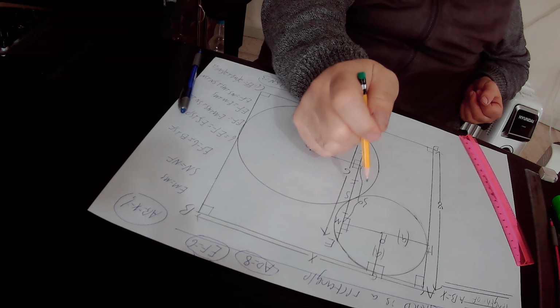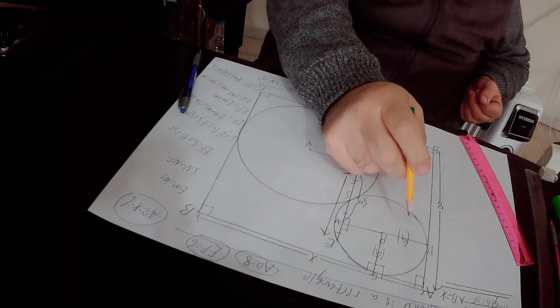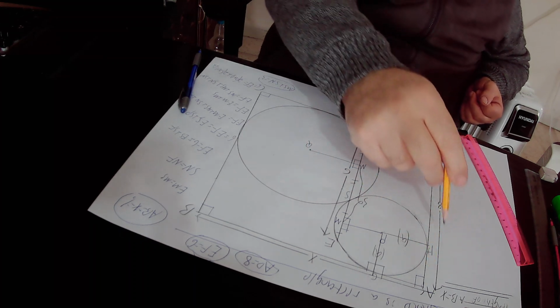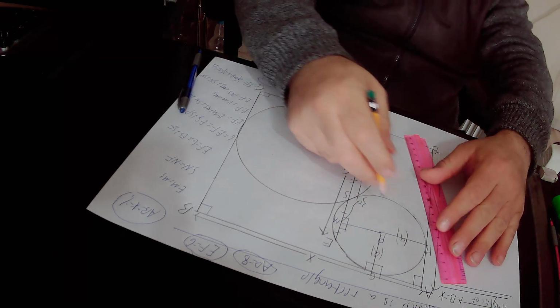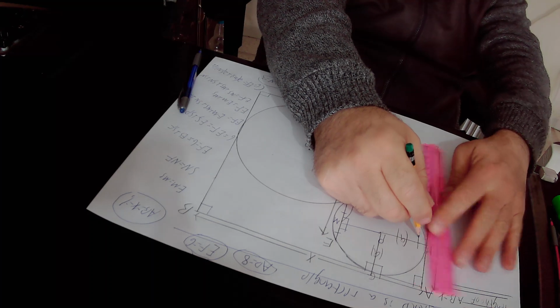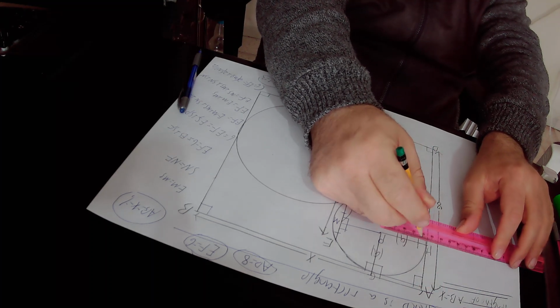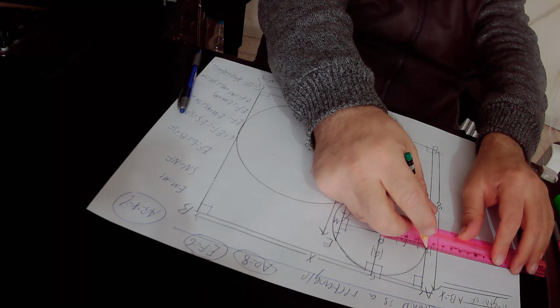And whenever you have a radius that is drawn to the point of tangency, then tangent AD will be perpendicular to the radius HP. If AD is perpendicular to HP, it means that this angle equals 90 degrees, and this angle also equals 90 degrees according to rule 1.